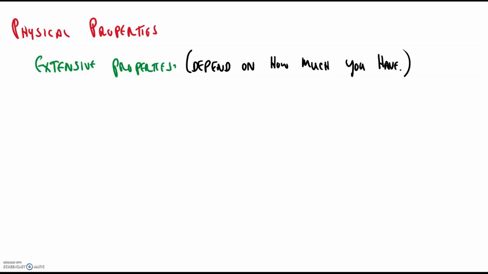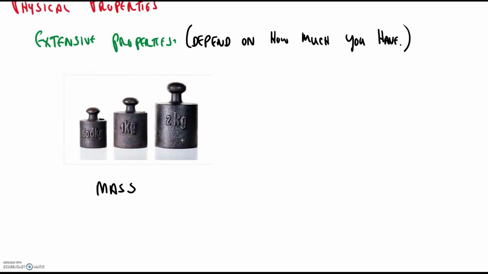We're going to describe two types of properties such as extensive properties. Extensive properties depend on how much you have, so they change all the time. I'll give you a couple of examples. A good example of an extensive property is mass. Literally, how much of it do you have? Here we have three different lead weights.